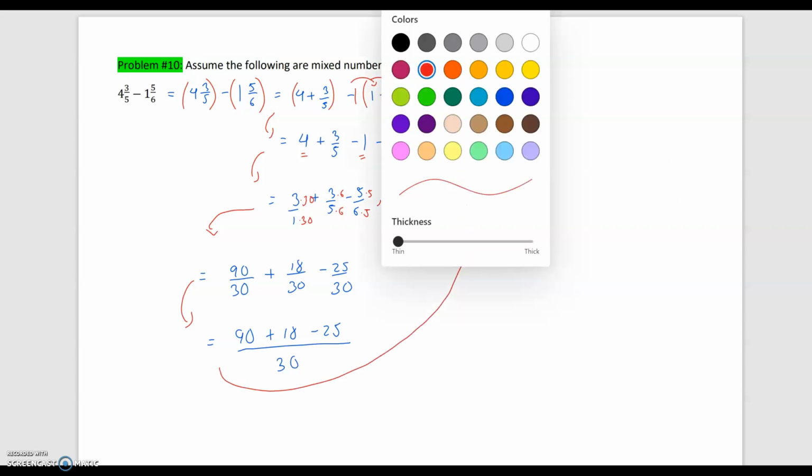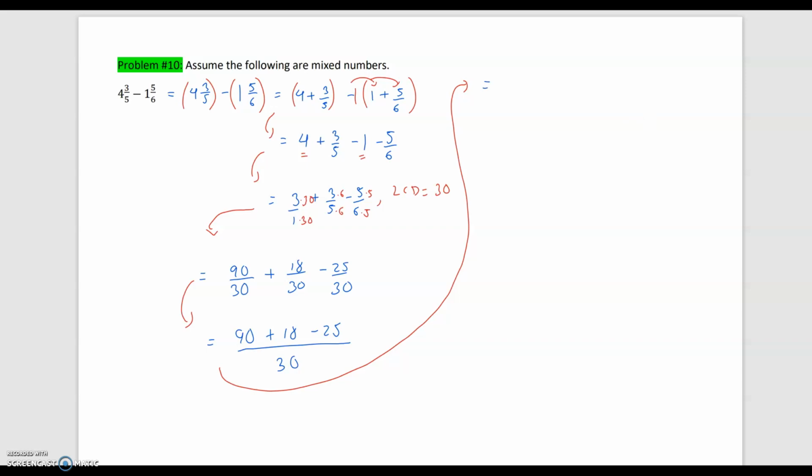So at this point, this is going to be 108 minus 25, all over 30, and this is equal to 83.